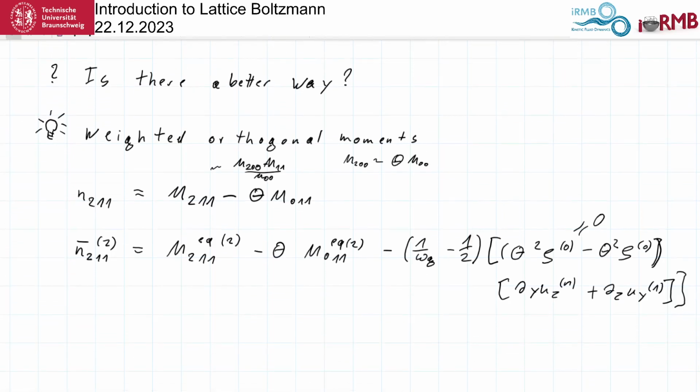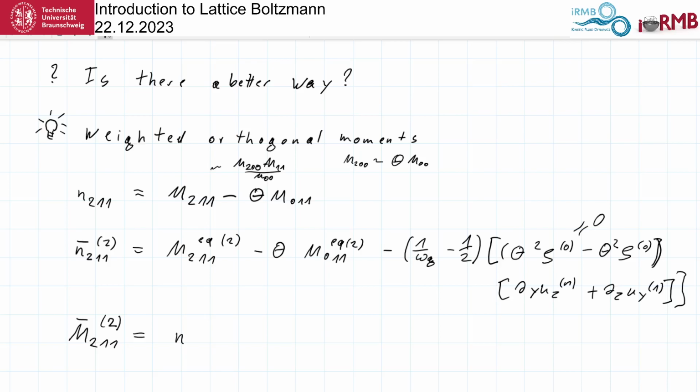Now, therefore, let us briefly look into the original countable moment, m211 to second order. We look at this moment, but the moment that we are relaxing, where we put the collision operator on, is the moment m211.